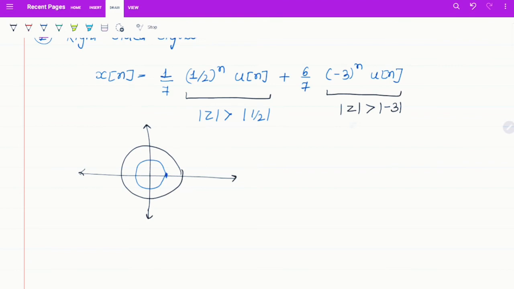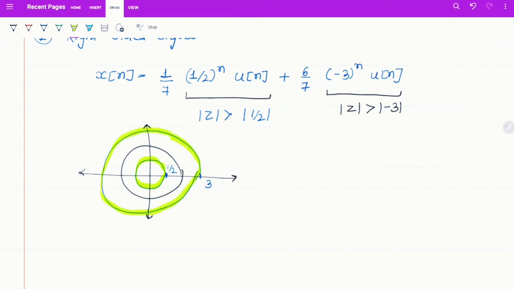And in the next signal mod of z is greater than mod 3, which is nothing but mod of z greater than 3. So suppose we have 3 here, this is 1 by 2, this is 3, so let's draw a circle. So these two circles we got, this one and this one.